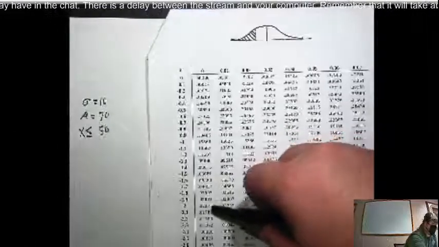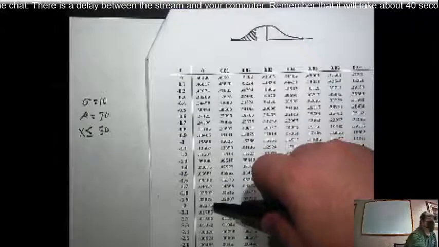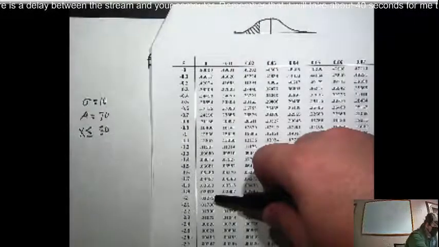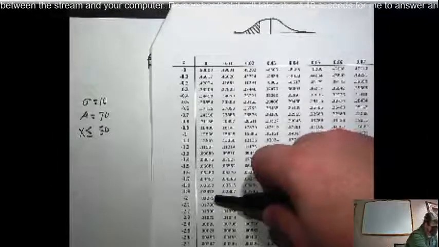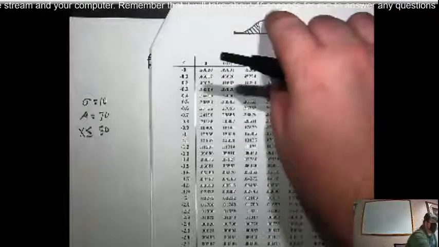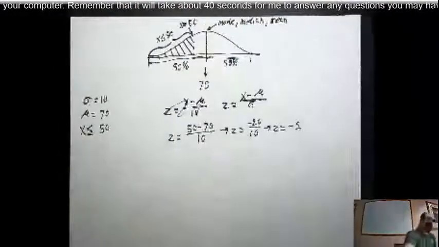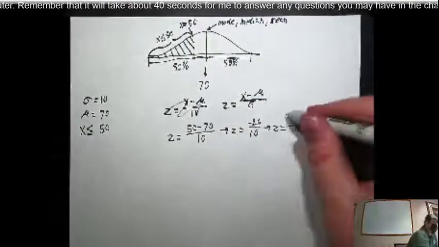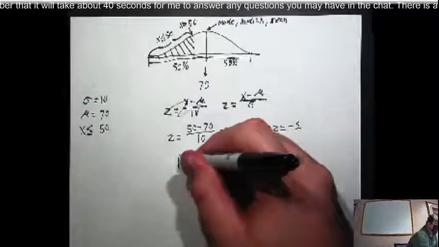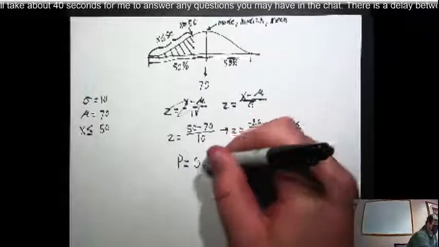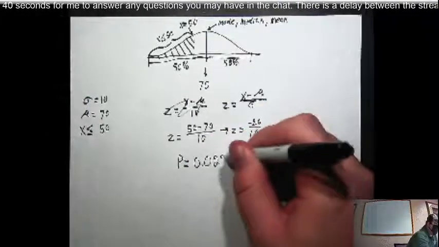So negative 2, 0. And we have a probability of 0.02275. So because of this z-score, we can see that we have a probability of 0.02275.